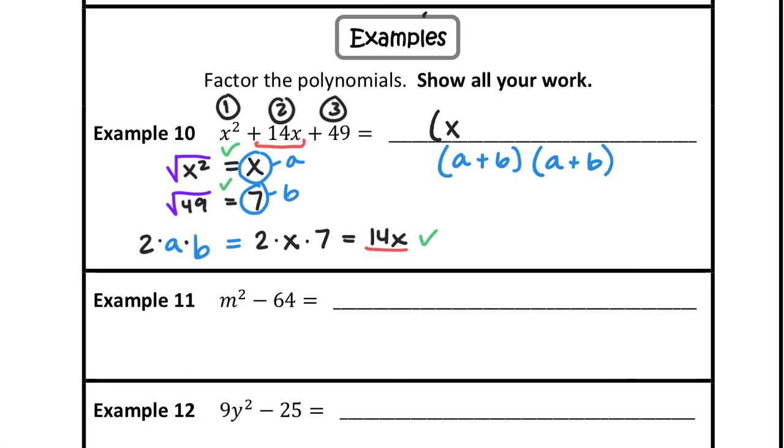A is x, plus B is 7. And then I'm going to write it again, x plus 7. And this is my answer. So if I multiply these out, if I do the distributive property, I should end up getting back the original equation here.